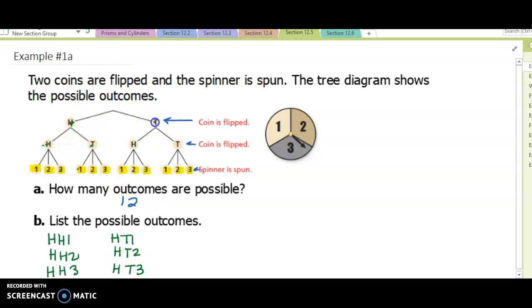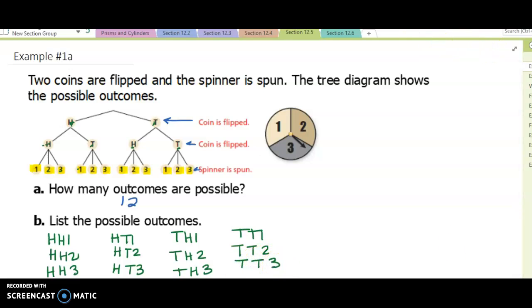Or suppose we start with the tails. So we could have a tails, heads 1, tails, heads 2, and tails, heads 3. Or we could have tails, tails 1, tails, tails 2, tails, tails 3. These would be all the possible outcomes we could have.